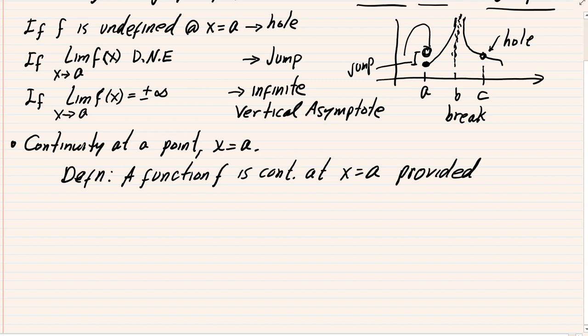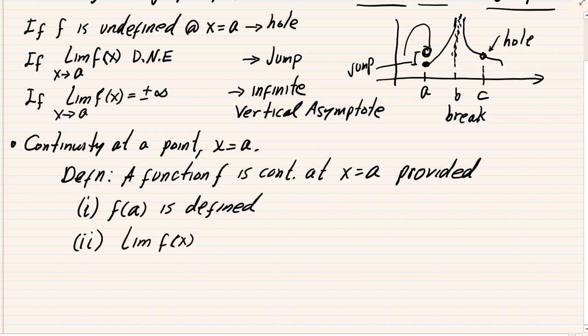Okay, at x equal a, provided these three things happen. First thing, f at a is defined. Now remember, if f at a is defined, it means there's no hole in the graph. The second, the limit must exist. The limit of f of x as x goes to a exists.